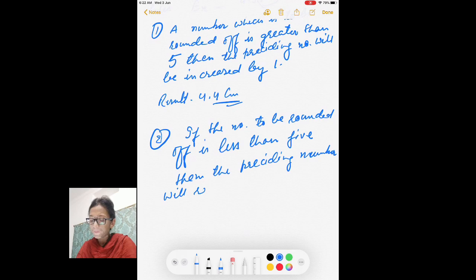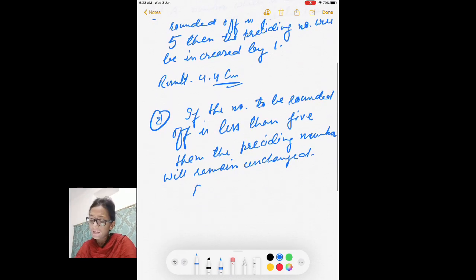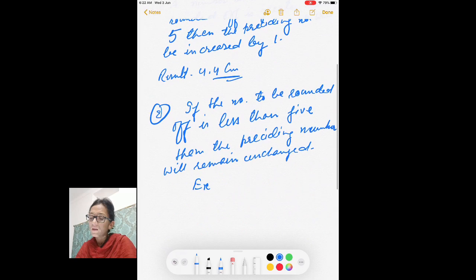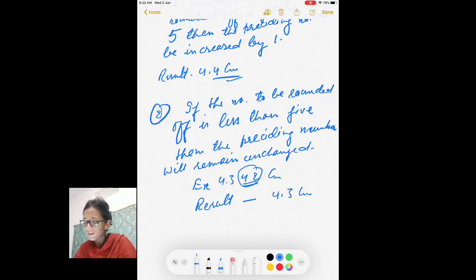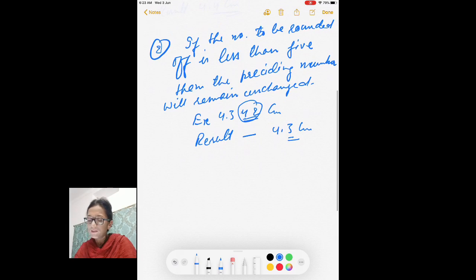In this very example, suppose you have 4.3 and the number to be rounded off is 2 or 3 or 4, anything, say 4.342 centimeter, and we have to round off up to this. Since it is smaller than 5, the result will be 4.3 centimeter. The preceding number will not change.